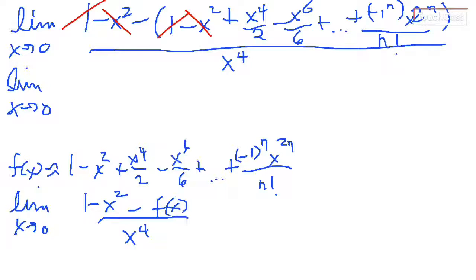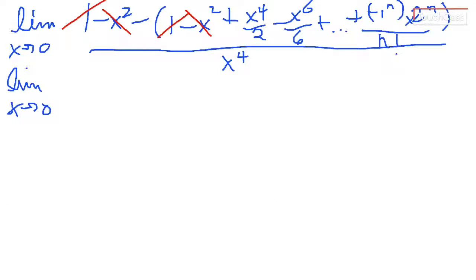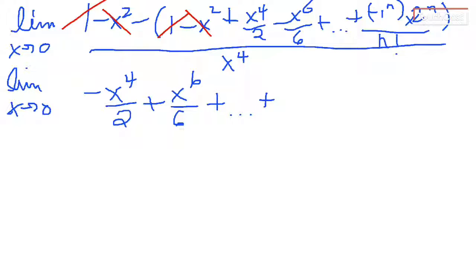So the terms that are left over, the only thing left is this subtraction in front that's simplifying. So this now looks like the opposite of x to the 4th over 2 plus x to the 6th over 6, minus, and this is going to be, well, let's say plus dot dot dot, except it's really going to be minus now, because these are going to be opposites.